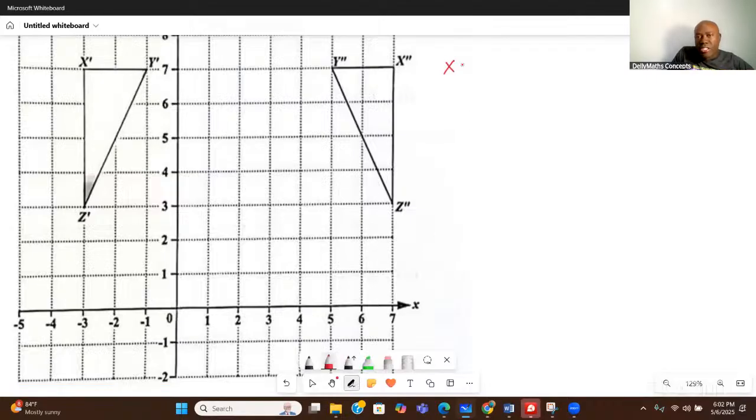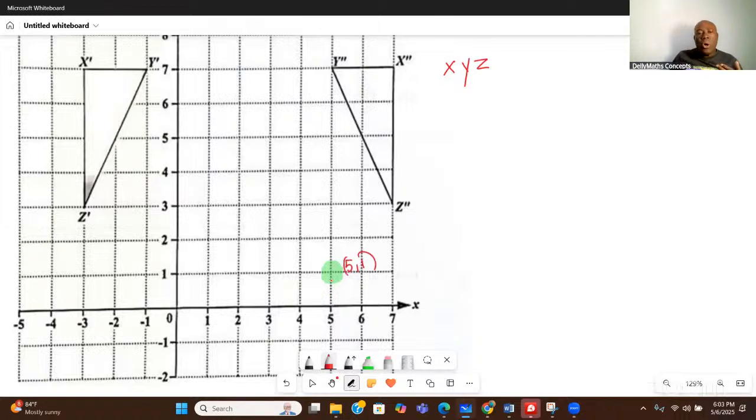Remember, it's an enlargement with a scale factor of 2, and the center is 5, 1. So we identify 5, 1; the center is right here. This is our center of the enlargement.